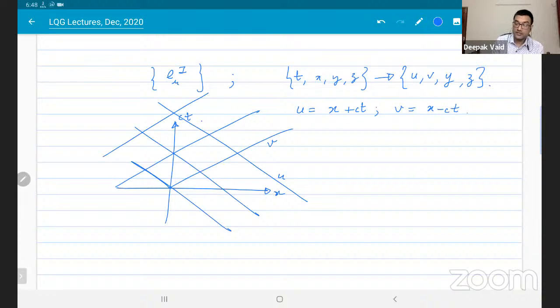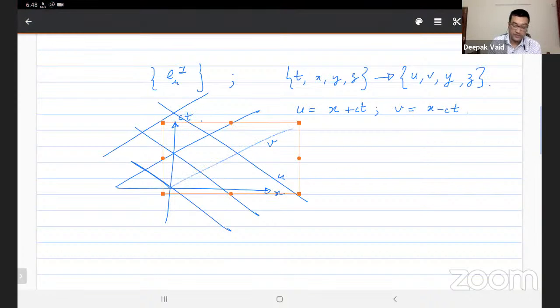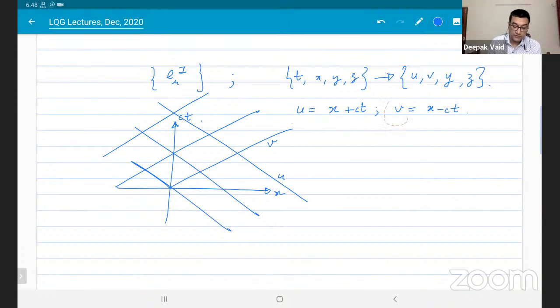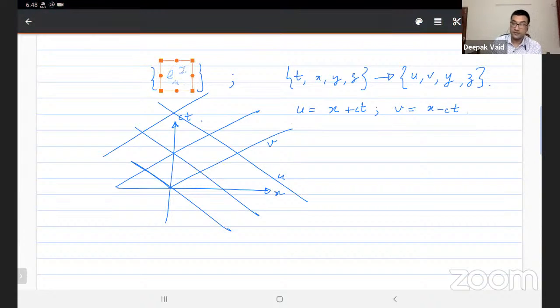From this tetrad basis, one can always construct a null basis by taking linear combinations of the individual vectors, in the same way as we are doing here. Here we are taking the linear combination of these two vectors in the direction of x and direction of t, and constructing two null vectors u and v. We can do it for arbitrary tetrads.